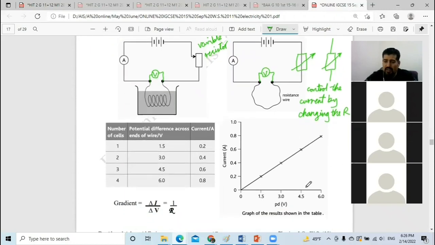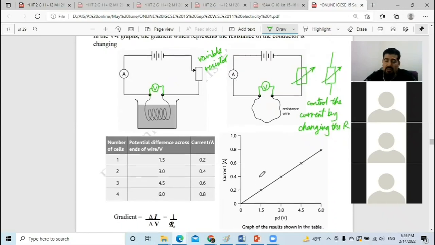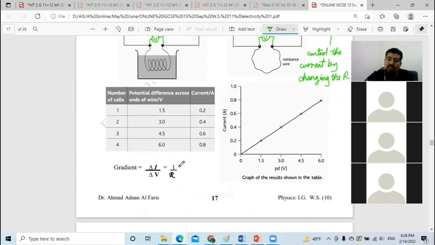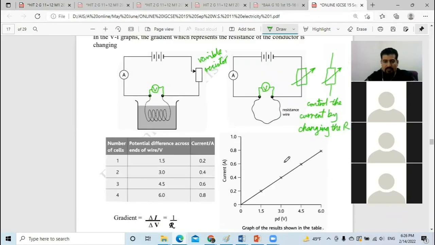If I plot the graph between the voltage from the voltmeter and the current from the ammeter, I'm supposed to get a straight line. The gradient of this line can be the resistance or 1 over the resistance, according to what is on the x-axis and what is on the y-axis.